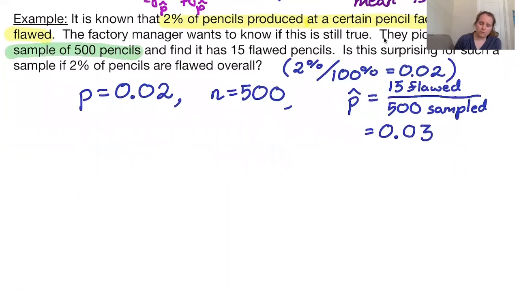So what we first want to do is study just our population data, or the knowledge we had before the sample.